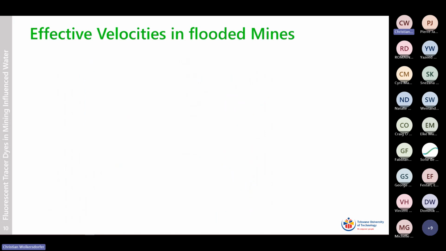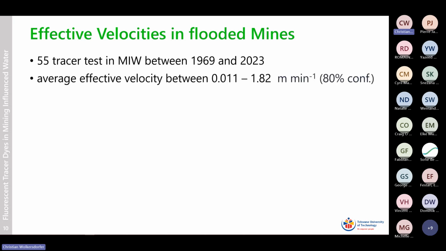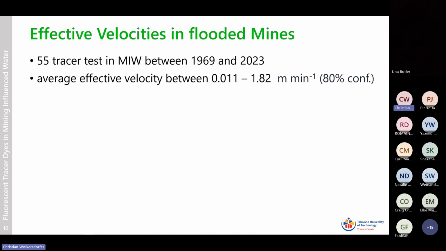Now, effective velocities in flooded mines. To our knowledge, there are 55 tracer tests in mining influenced water between 1969 and this year. The average effective velocity is between 0.011 and 1.82 meter per minute, and this is the 80% confidence interval.